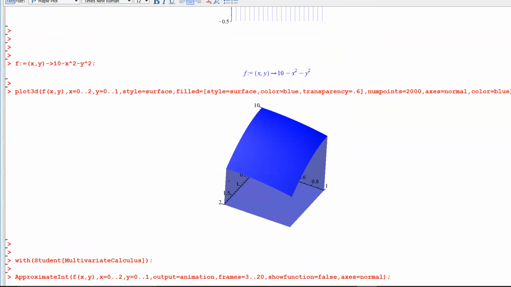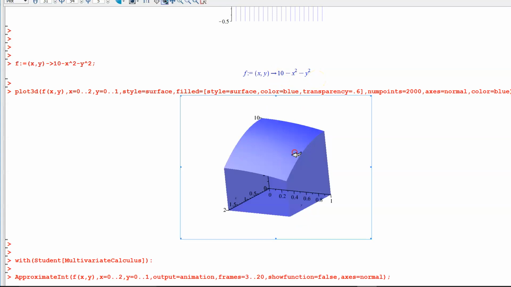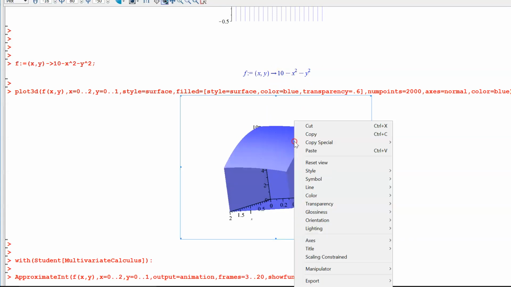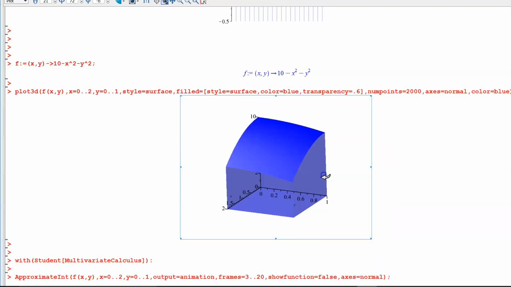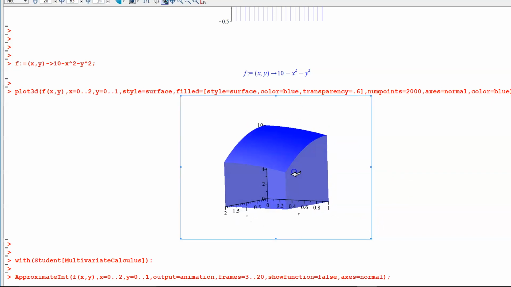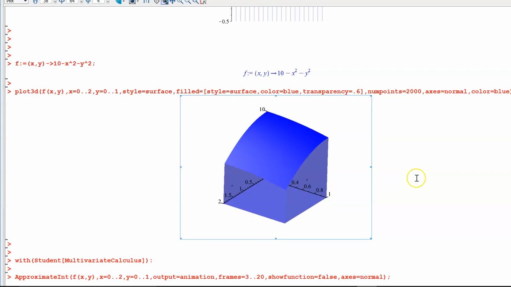In this worksheet, the function is 10 minus x squared minus y squared. That graph is the surface at the top, the graph of the function f. When we restrict it to the rectangle in the xy plane, from 0 to 2 along the x-axis and 0 to 1 along y, there's that graph, and we can see that we're looking at the solid volume underneath it.